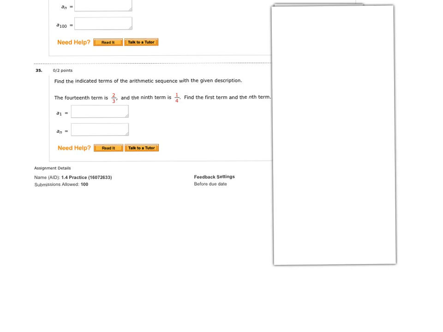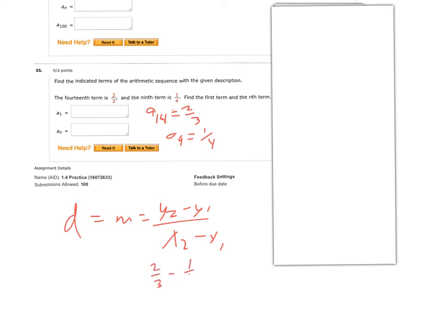All right, next up here, they give us two terms. They give us a sub 14 is 2/3, and a sub 9 is 1/4. For this, I always find the slope, which is y2 minus y1 over x2 minus x1, and that is really our common difference. So I have 2/3 minus 1/4 for my y values, 14 minus 9 for my x values.